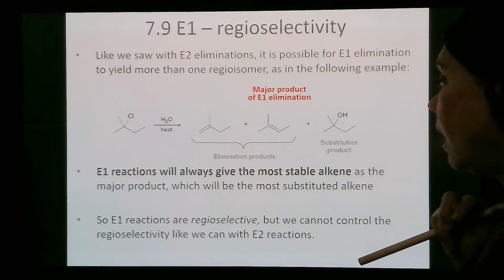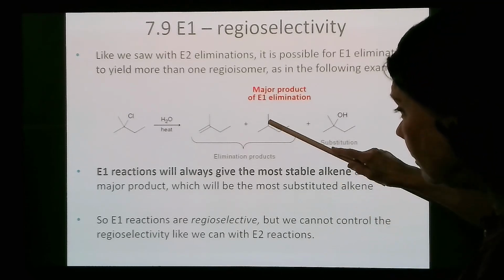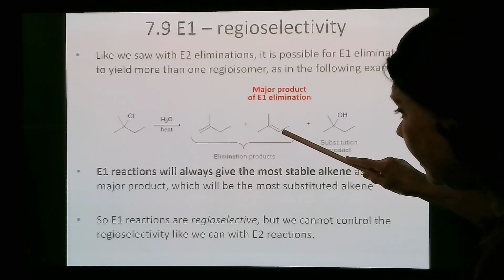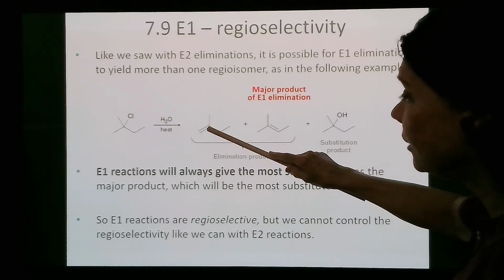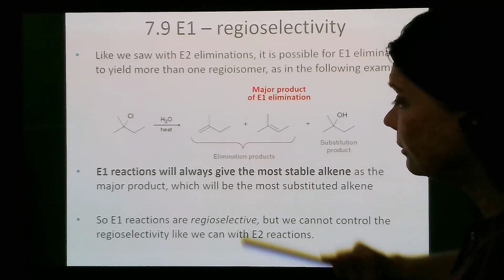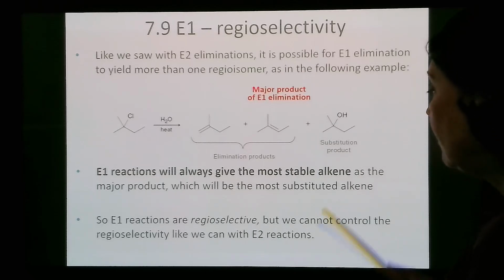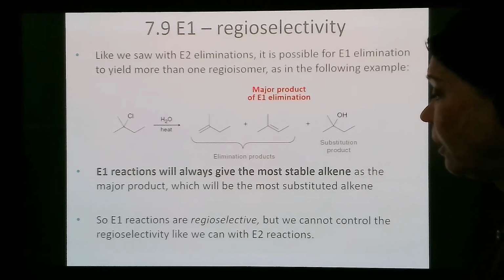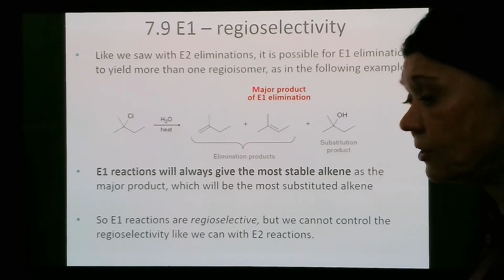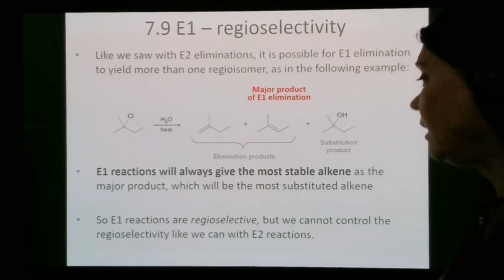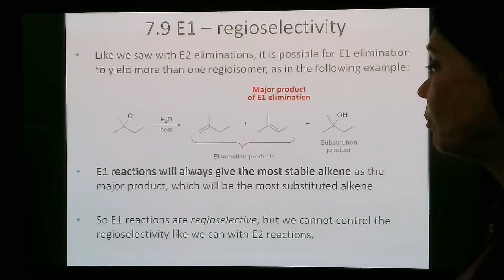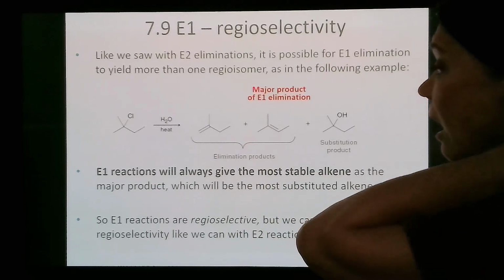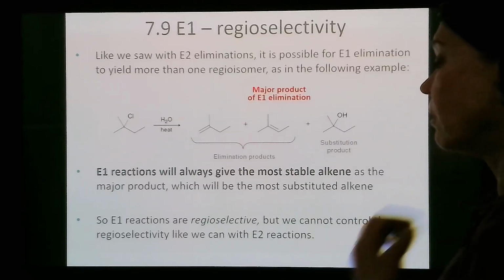And so the more substituted double bond here, this is a tri-substituted double bond, is the one that's going to predominate because it is more stable than a di-substituted double bond. And you're going to get some of the substitution product. You almost always are going to get some of the substitution product. It's very difficult or maybe impossible to get only the elimination products in these E1 reactions.